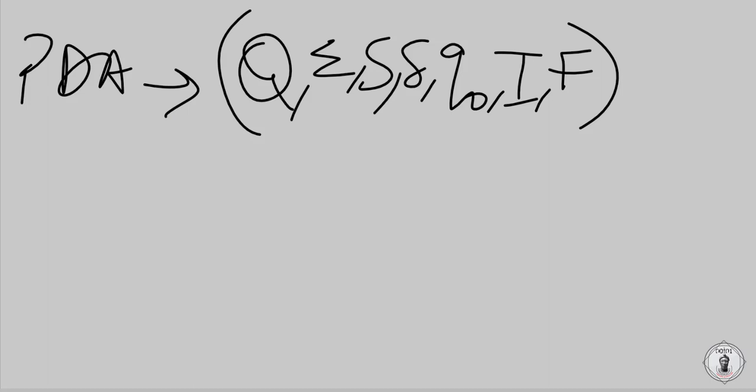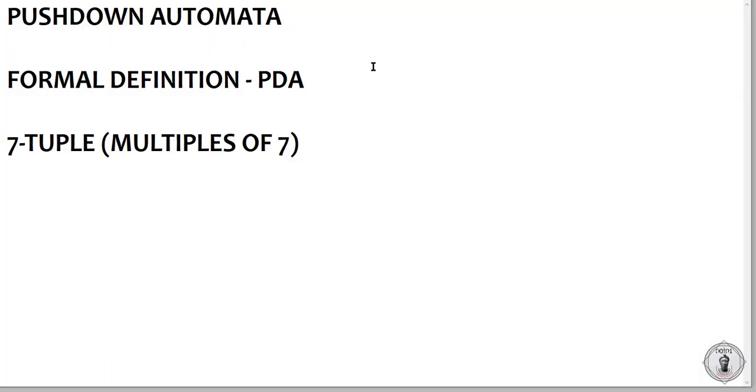Let me go back to this. When we say Q, Q is a finite set of states. You can have state Q1, Q2, state A, state B. One thing that's very important for you to know is that it's actually finite.